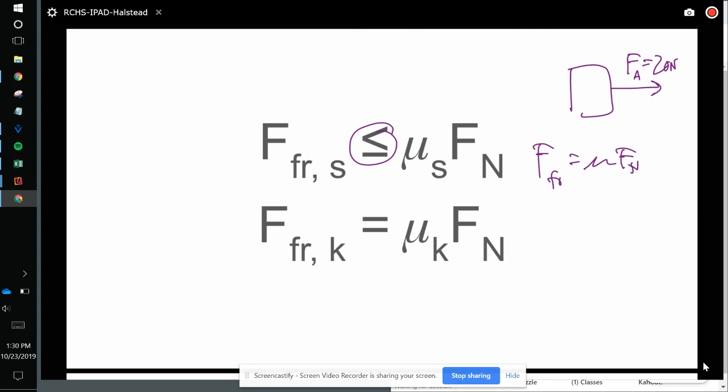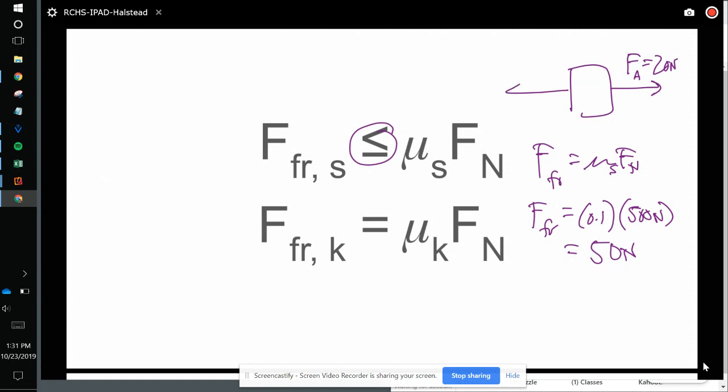Say my normal force is 500 newtons, and my coefficient of static friction is 0.1. That means that my maximum static friction force would be 0.1 times 500 newtons, which would be 50 newtons.